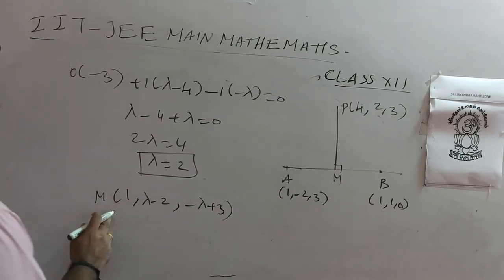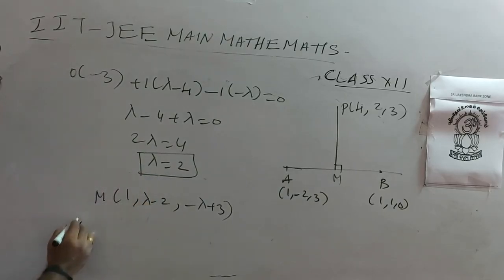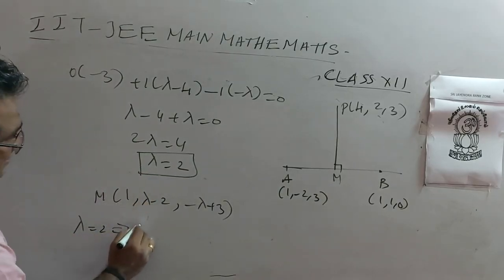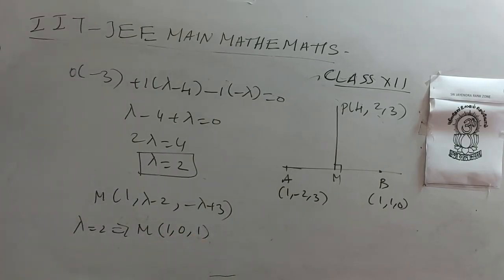We have taken M as 1 lambda minus 2, minus lambda plus 3. When lambda equal to 2, this implies 1, 0, 1. That is, M is the foot of the perpendicular.